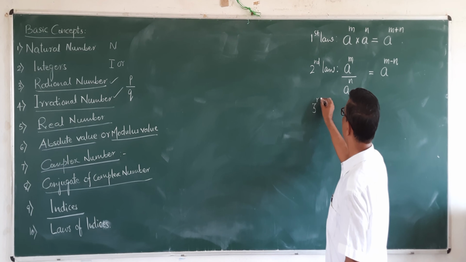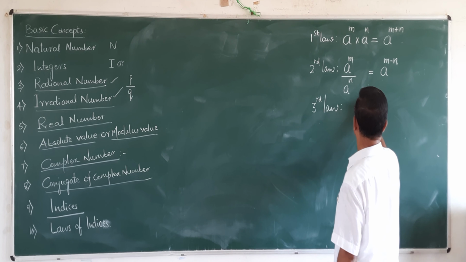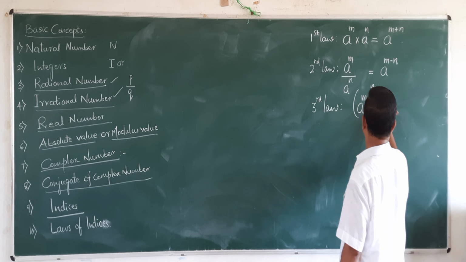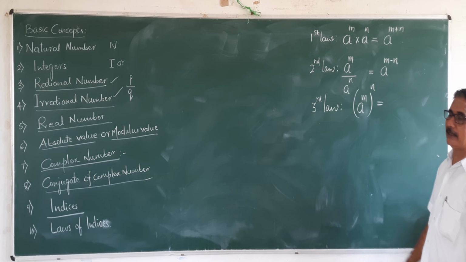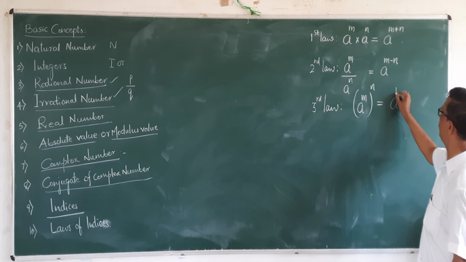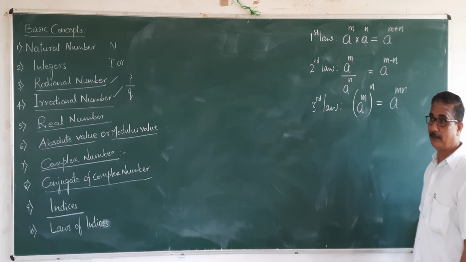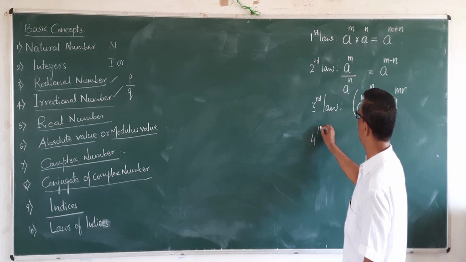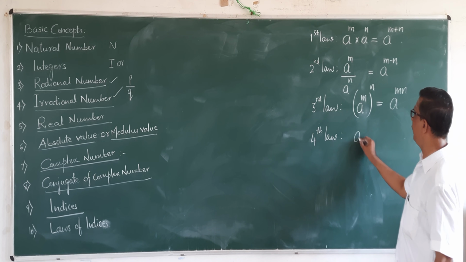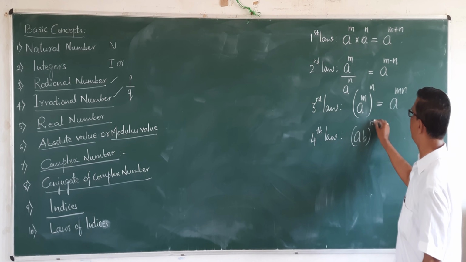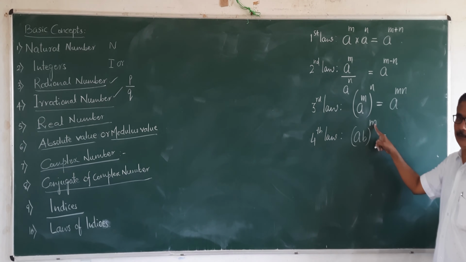What is the third law? The third law of indices says a power m whole power n. Observe, when it is a power m whole power n, what is its value? a power m into n. Remember. The fourth law of indices says a into b whole power m. Observe, different bases and only one power.